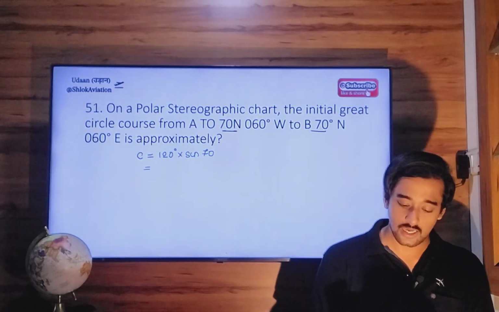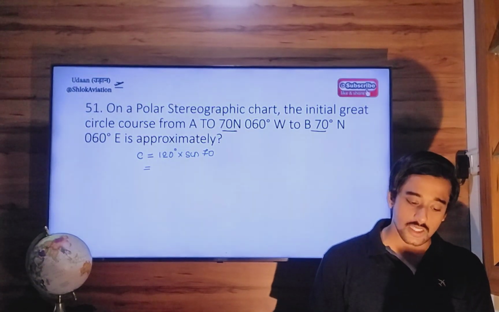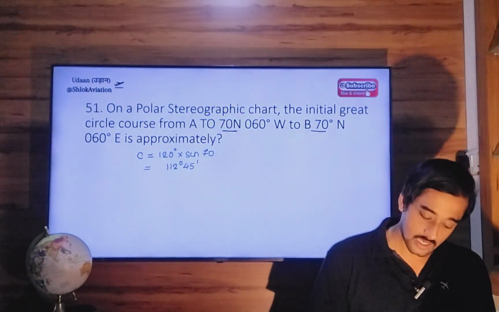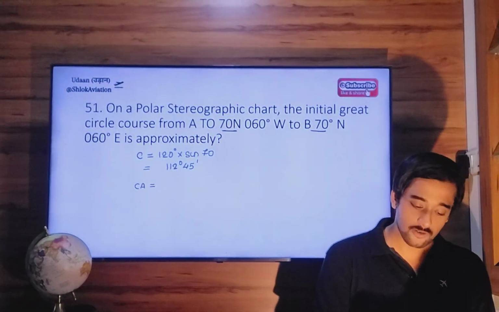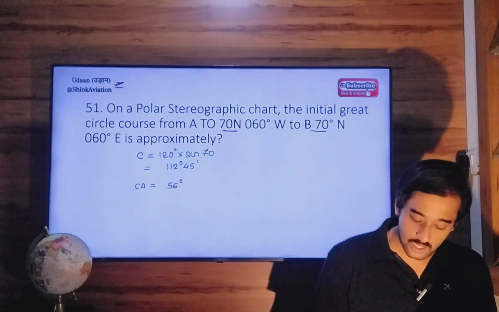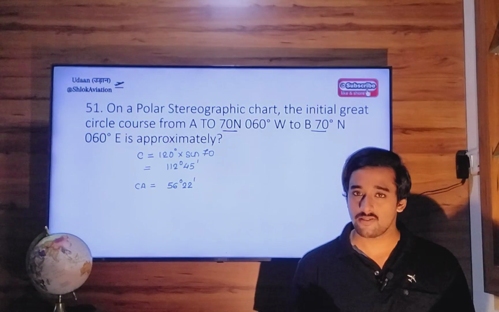Sine 70 into 120 is 112 degrees, 45 minutes. So convergency angle is half of that, which is 56 degrees, 22 minutes, or approximately 56 degrees.